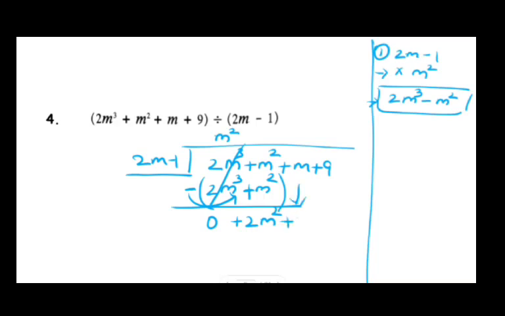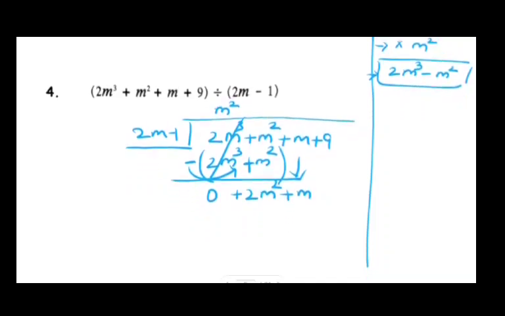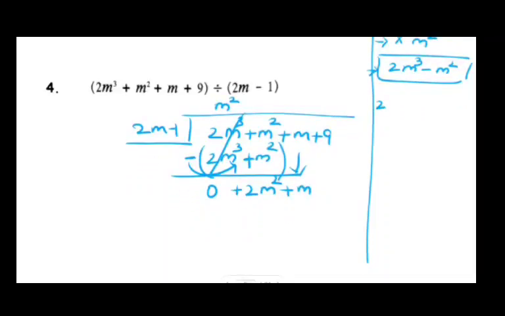Bring this m down. Next what? 2m minus 1 multiplied by just m. 2m into m makes it 2m square, minus m into 1 makes it m. This goes as my quotient, which is plus m.